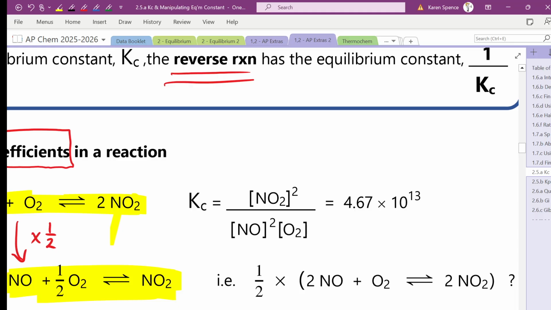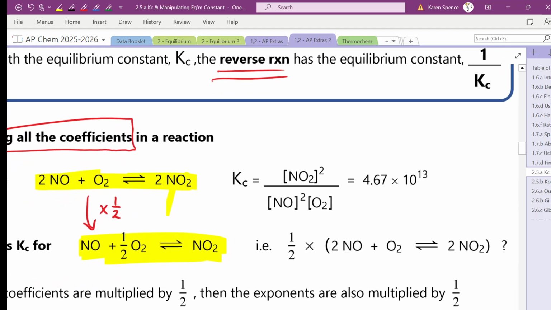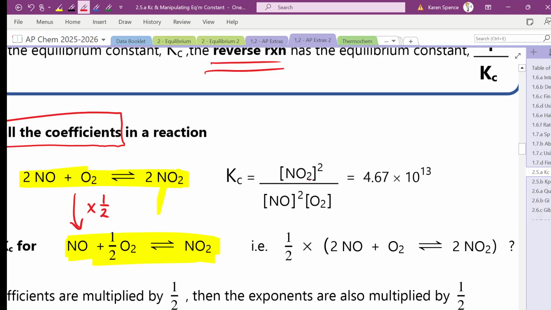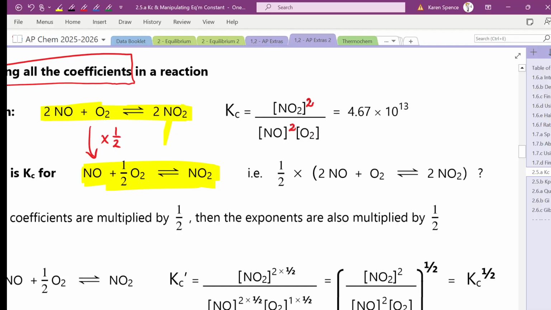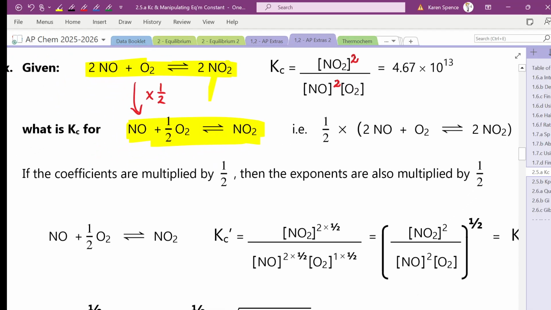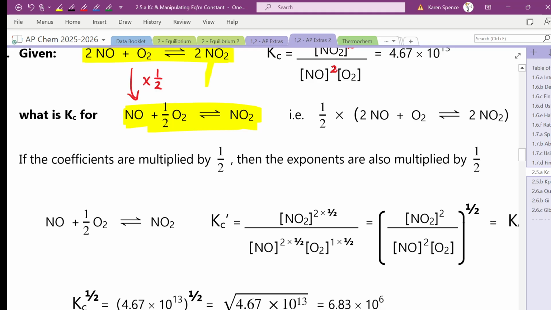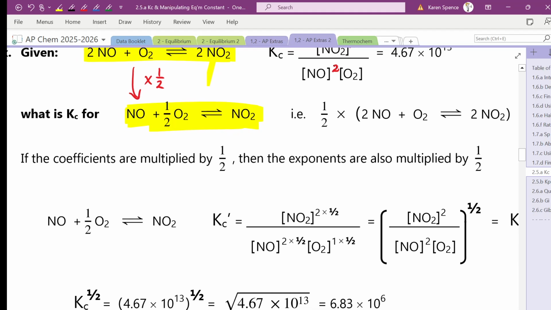Okay, so here we go. Kc for our first reaction is NO2 squared over NO squared times O2 to the 1. And then if we were to write Kc for this second reaction, we end up multiplying everything by 1/2.